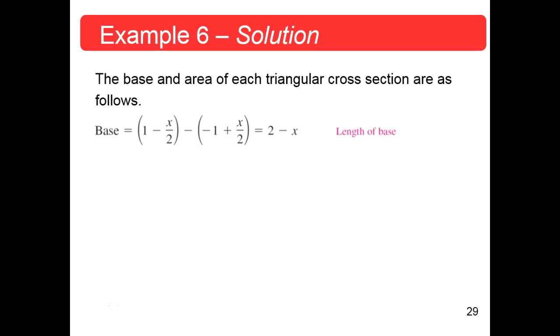Okay, the base and the area of each triangle's cross-section are: the base is 2 minus x. We got that, the f minus the g. The area, oh boy, there's the area, of course, everybody knew that, right? But how you got it, and that's what we used, but the base is that thing.